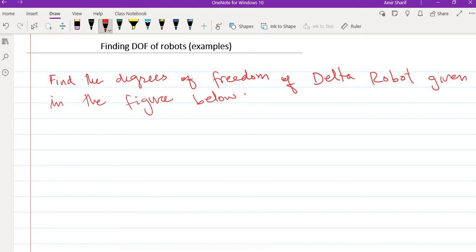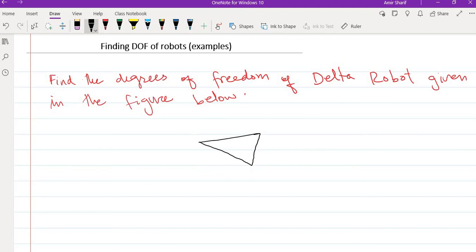So here we have a delta robot, which has a base on top where all the links are attached, and then it has a revolute joint here.